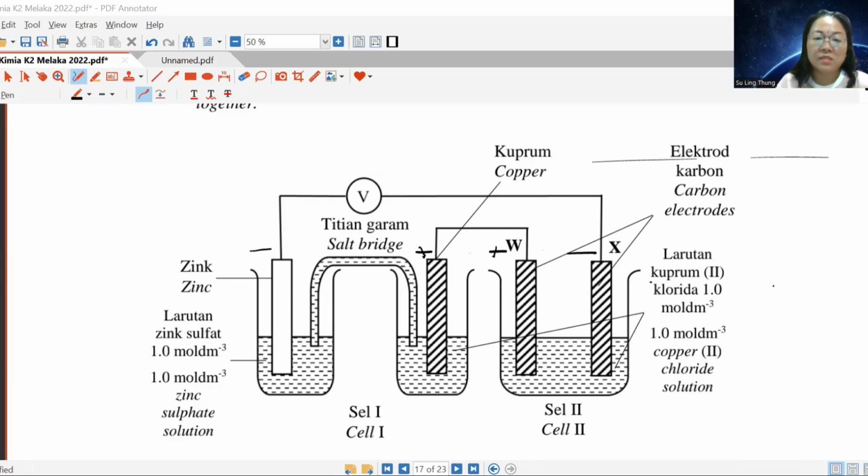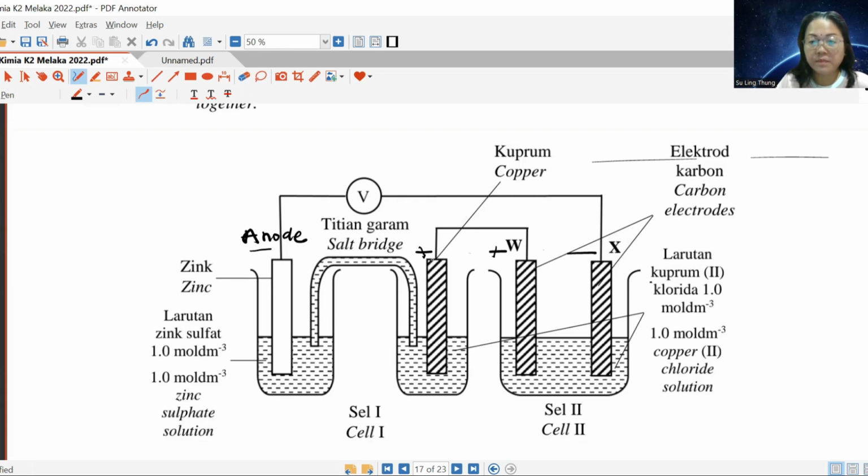Okay, so now zinc is at the negative terminal, which makes it an anode. Whereas because these two particular solutions are connected using the salt bridge, which makes copper a positive terminal.